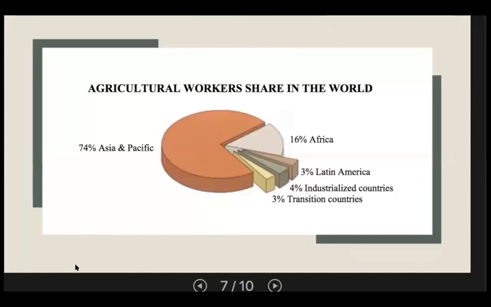Even around the world, that data has focused on the United States, but across the world, about 75% of the agricultural workers are actually in Asia and the Pacific. So the occupational hazards of agriculture are very obviously global issues. They affect farmers in every region, like I said, and they can have different risks.